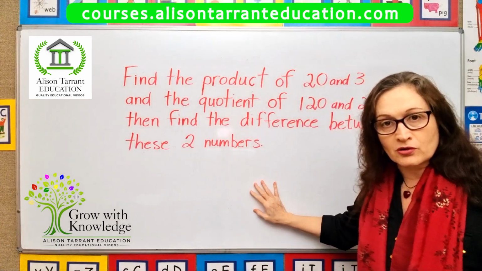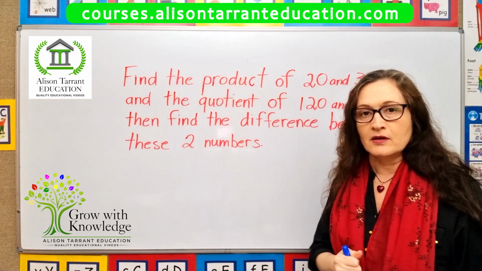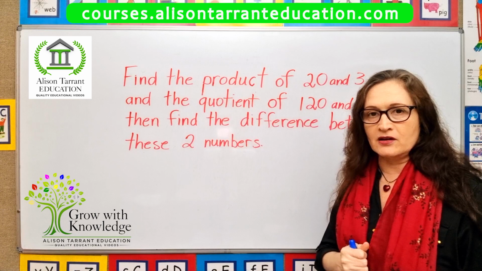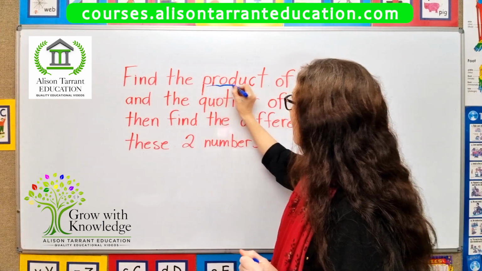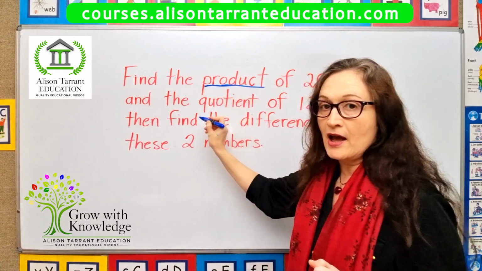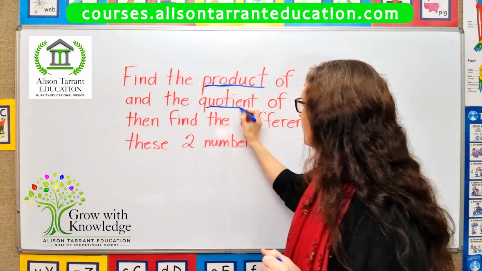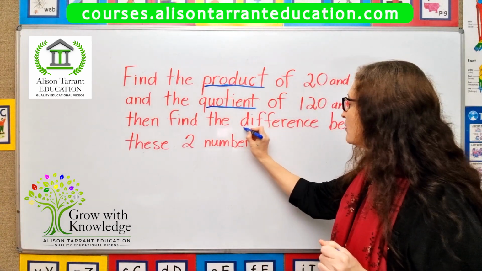Now, when most children look at this, they find it quite complicated, but it's actually not complicated if you know what the terms mean. They have to know what this word here means, product. They have to know what quotient means, and they have to know what difference is.